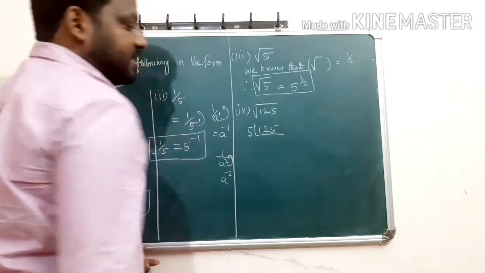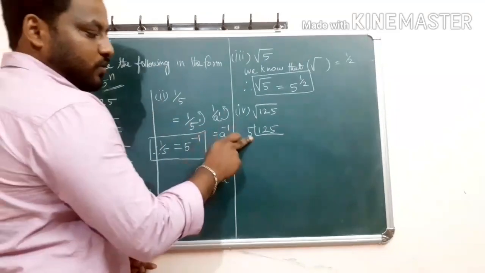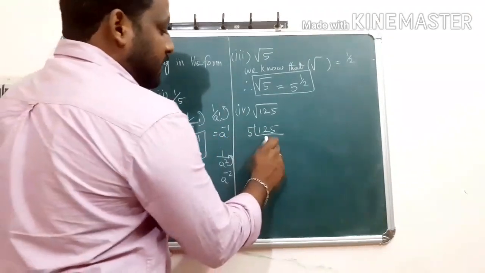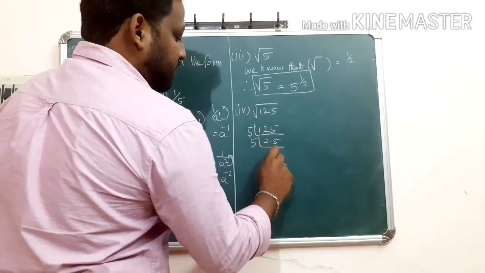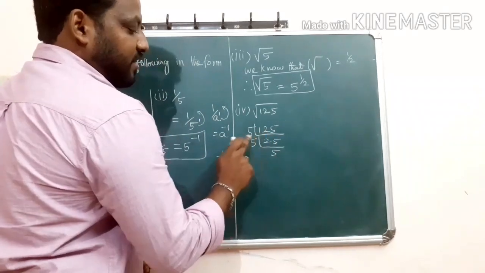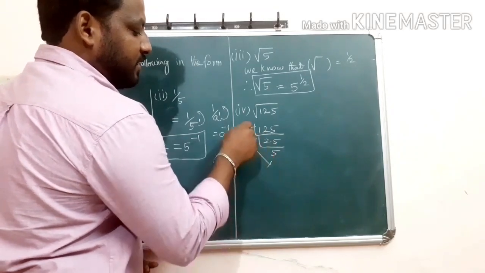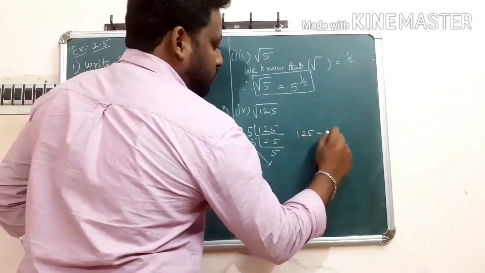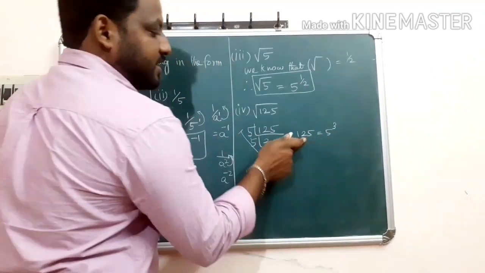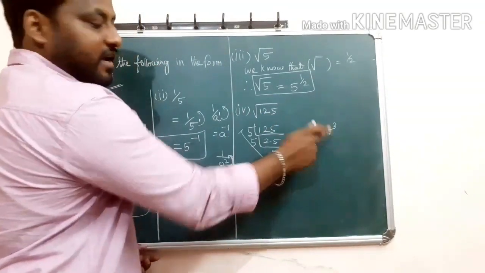So by the division method, same 5 power n format. So you have to divide by 5. So 25 5s are 125. Again 5. 5 5s are 25. So 125 is equal to 5 power 3. So instead of 125 you have to write 5 power 3.